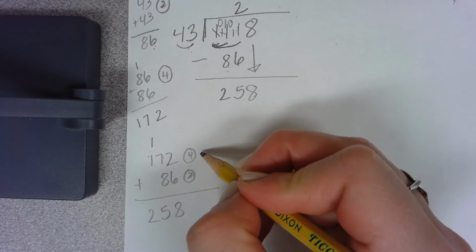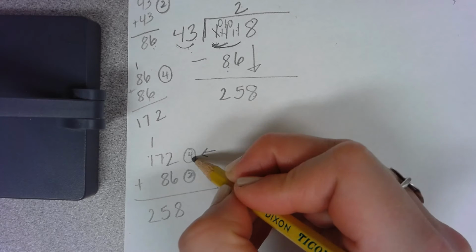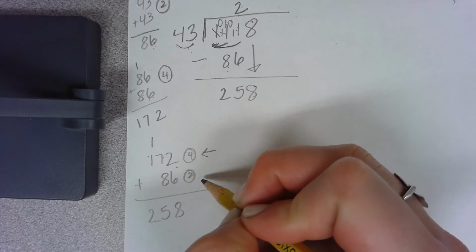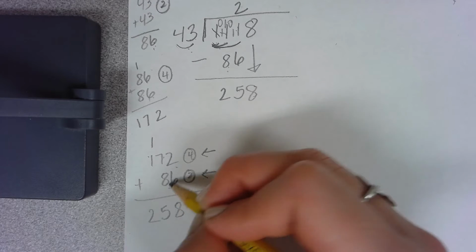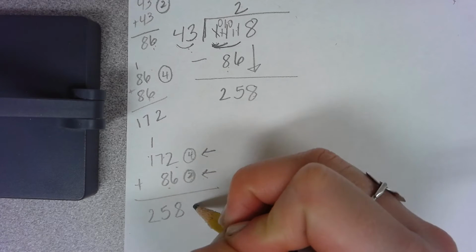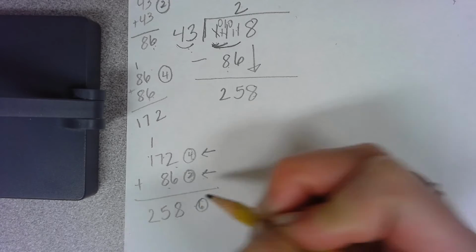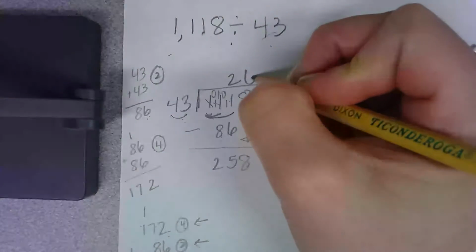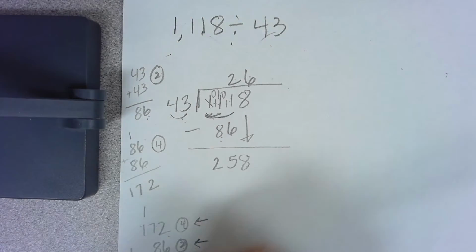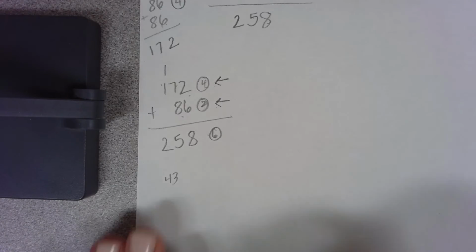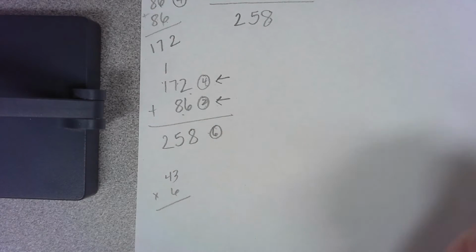So now I know that 172 is equal to 4 groups of 43, and 86 is equal to 2 groups of 43. So now I'm going to add 4 plus 2, and that's going to give me 6. So I know my answer up here is going to be 6. 6 times 43, we could solve that down here, just to double check.